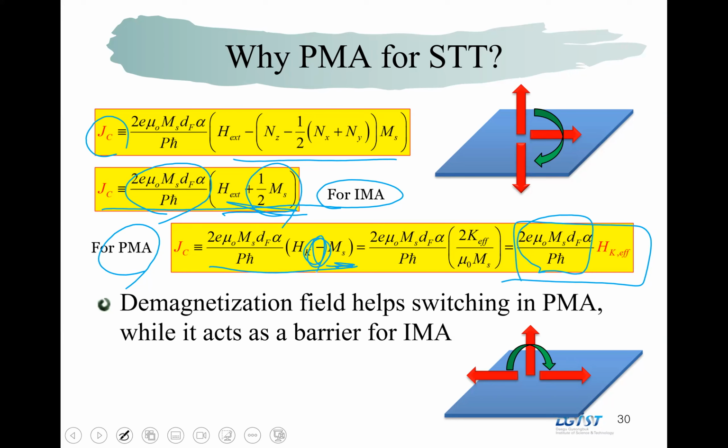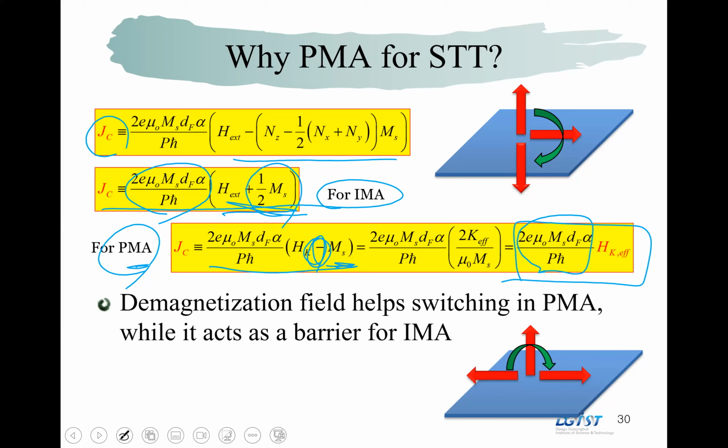So the switching current of the PMA is usually smaller than the IMA case. That's why STT application with PMA, the perpendicular magnetic moment, is important.